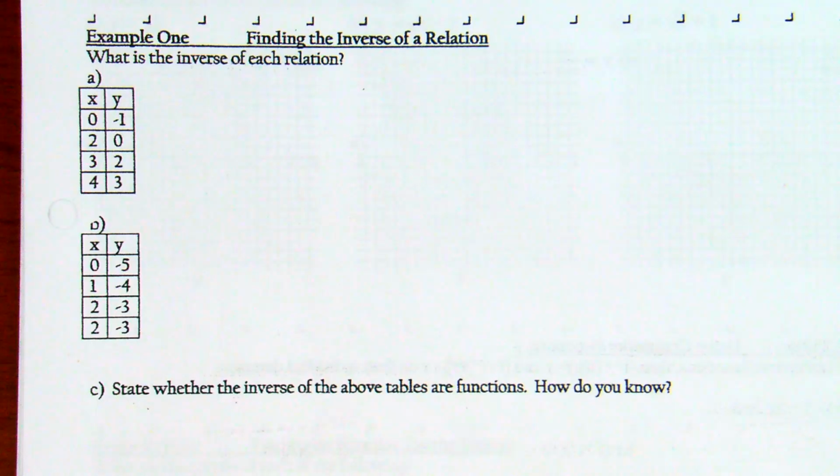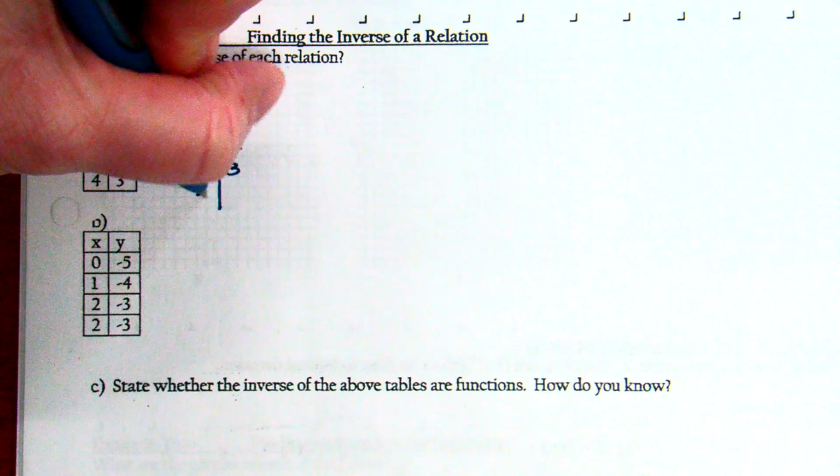Instead of (0, -1), what does it become? (-1, 0). Instead of (2, 0), (0, 2). Instead of (3, 2), (2, 3). Instead of (4, 3), (3, 4). Easy enough?